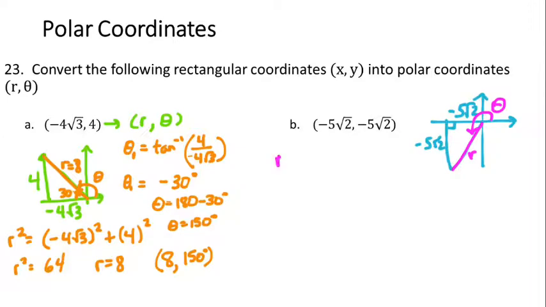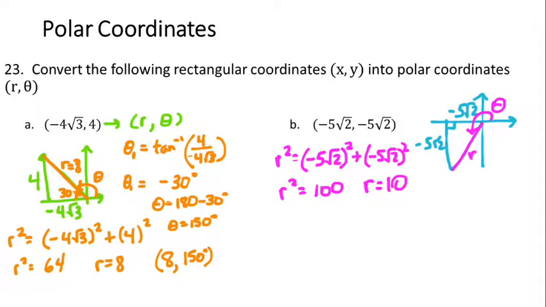So let's start with r. Again, Pythagorean theorem. R squared is going to be equal to (negative 5 square root of 2) squared plus (negative 5 square root of 2) squared. And so r squared is equal to 100, which gives me an r value of 10. So my r length is 10.